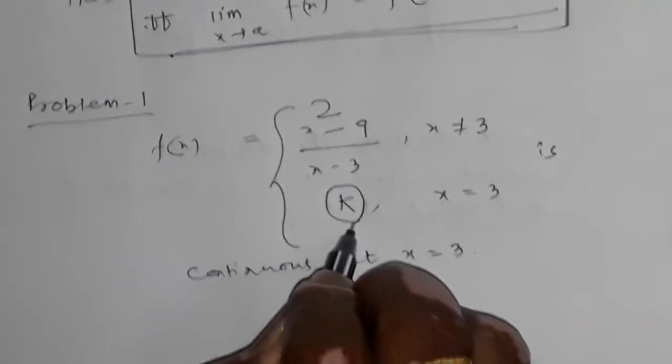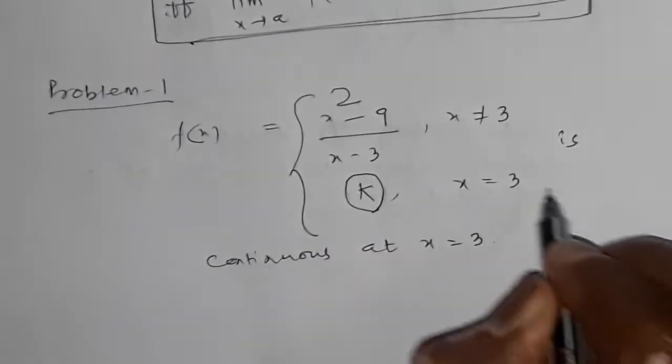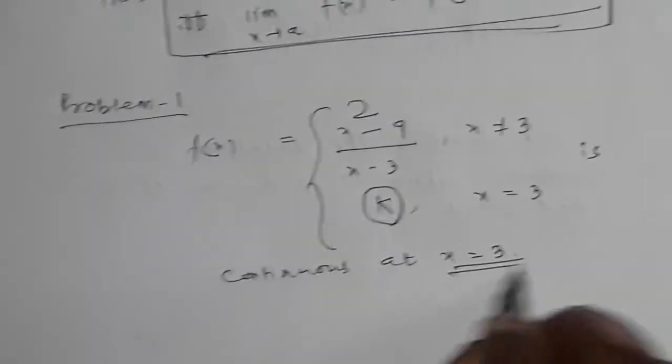For what value of k is f(x) continuous at x equals 3?